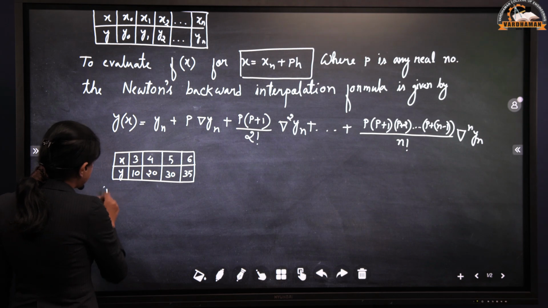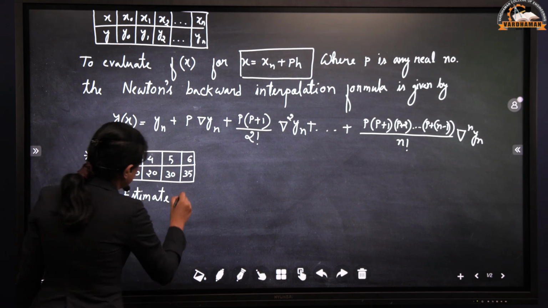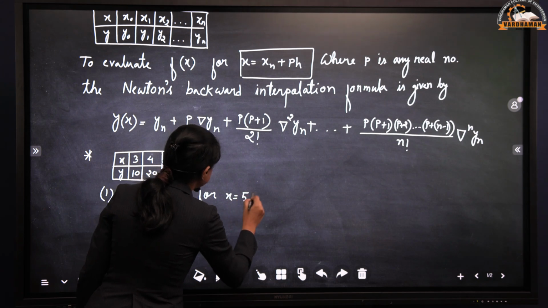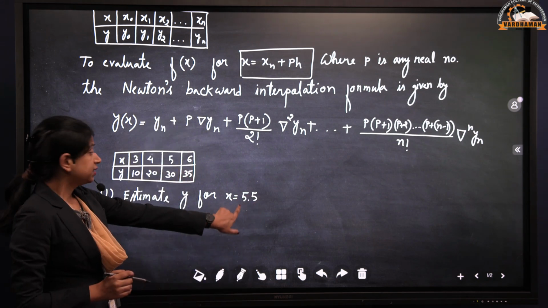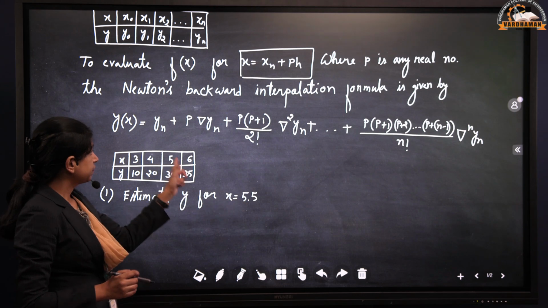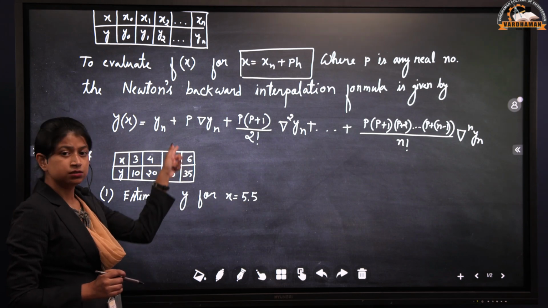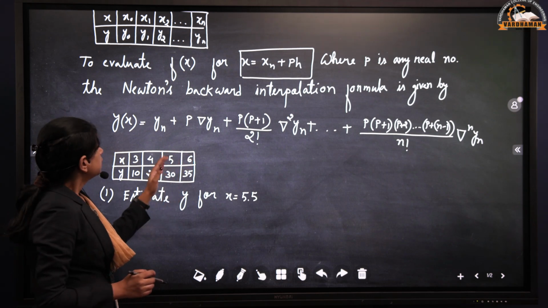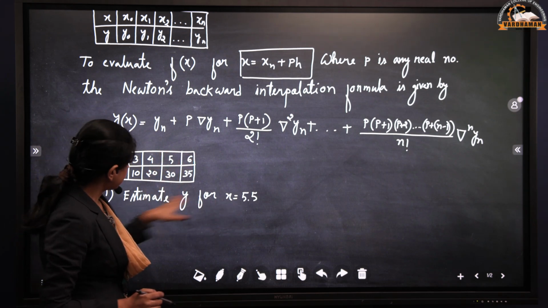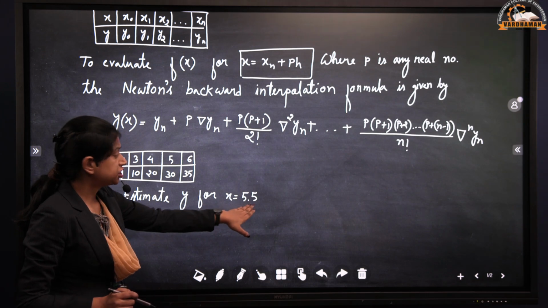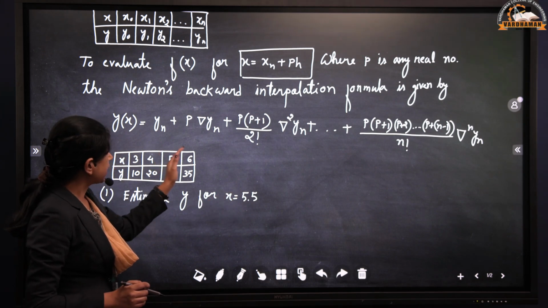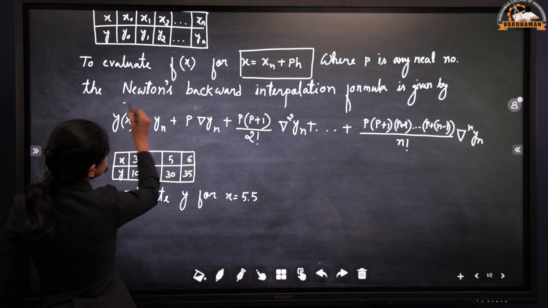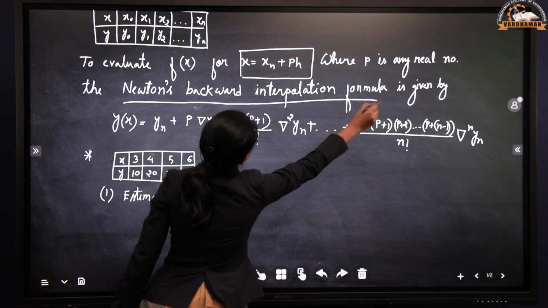Now if you are asked to estimate y for x equal to 5.5, look, this x equal to 5.5 lies in between 5 and 6. So this is the end of the table, right? When you need to estimate y for such values which lie at the end of the table, you can use Newton's backward interpolation formula.